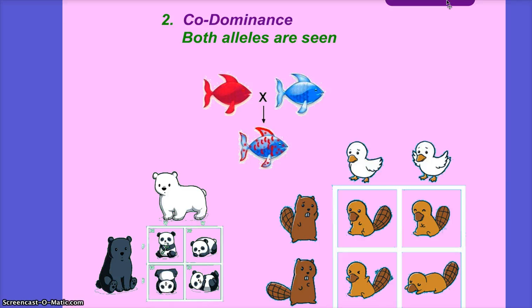A platypus. And you see the red fish and the blue fish gives you a red and blue fish, okay? So both traits are visible, but this is always, like in this case, a heterozygous. All the offspring would be heterozygous here, here, and this fish would be heterozygous, okay?